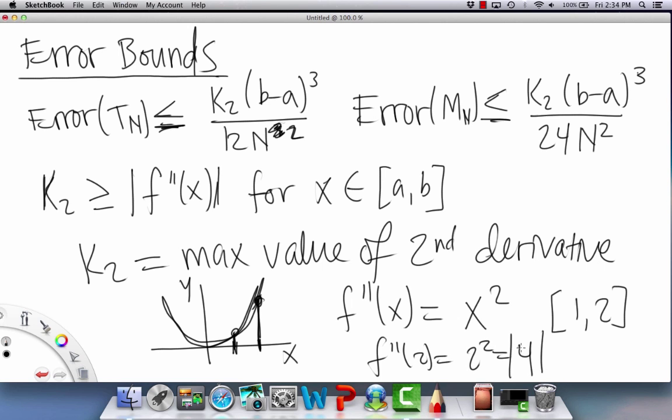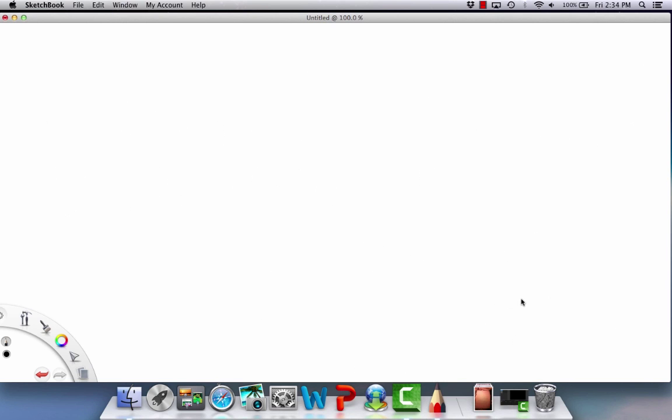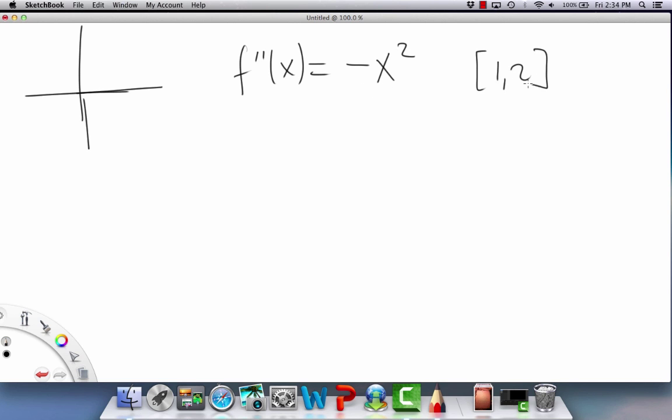And you take the absolute value, and that's pretty important, because what if, I'll move on to the next slide. Just keep this in mind so far. Let's say our second derivative instead were negative x squared, and we're evaluating from 1 to 2 again. This just points down, basically. Same concept.